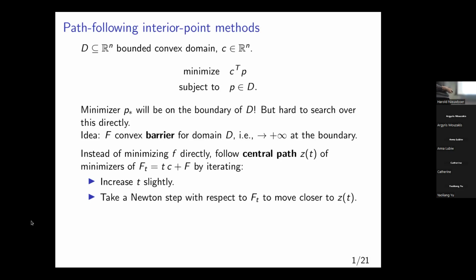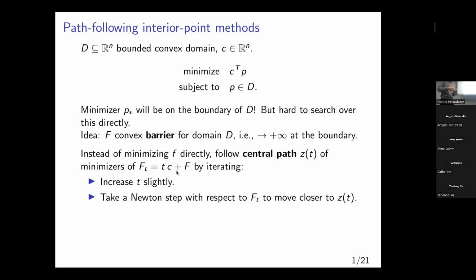So what I do is I'm looking at this function, right? My original objective plus this barrier, and my original objective I weigh by some number t. And now I'm going to increase t in every iteration, and then move closer to the minimizer of this function f_t.